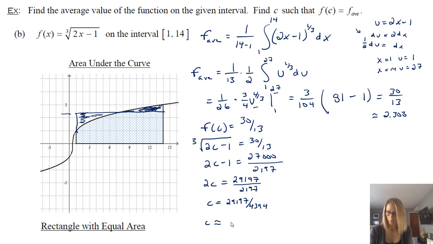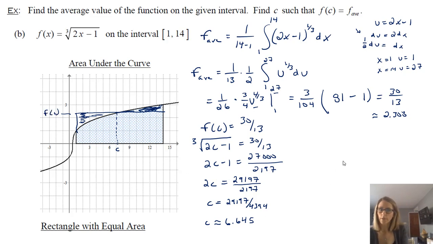But we can change that into a decimal, and we'll get approximately 6.645. So looking at what we've already done here, that makes sense, that's going to be somewhere around here. It's not perfect, but we're just estimating it here that this is our c, here's our f of c.